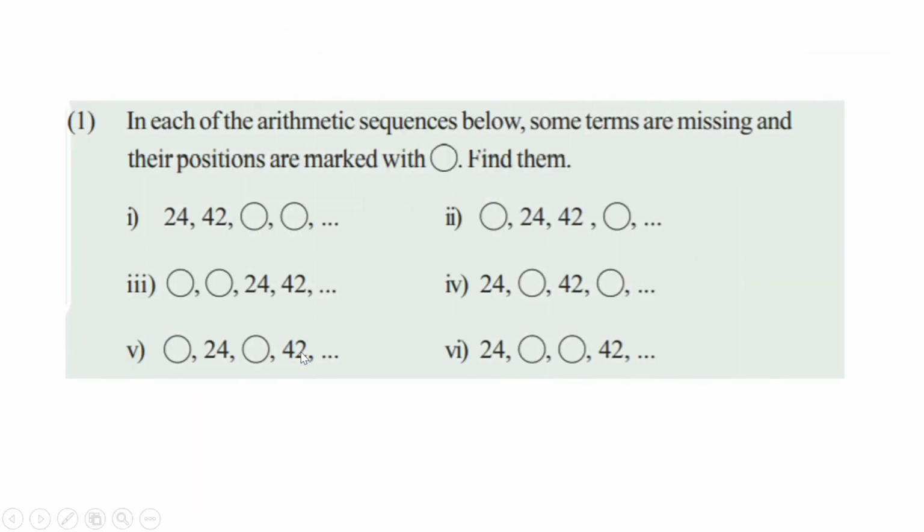Now let us do some more problems. In each of the arithmetic sequences below, some terms are missing and the positions are marked with a circle. Find them. Let me take the first problem: 24, 42, then a circle, again a circle. We have to find the two terms.